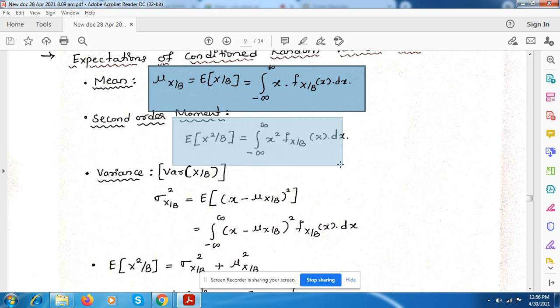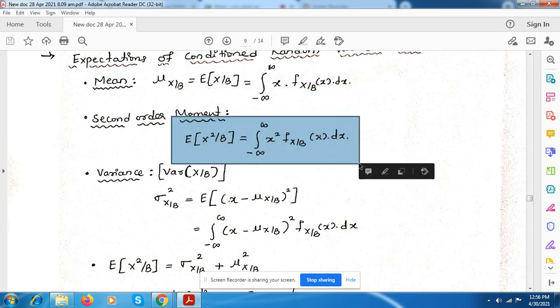So next we will see the second order moment, that is E[X² | B]. This is also the conditioned second order moment. So here the B is included. In second order moments, we have to square the random variable and multiply it with the PDF value.